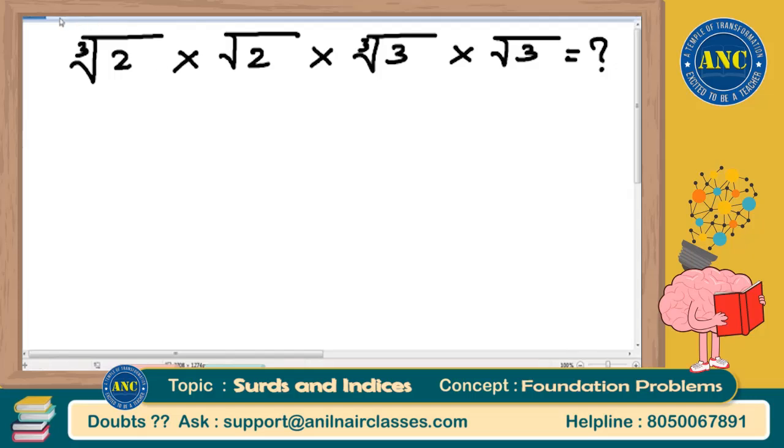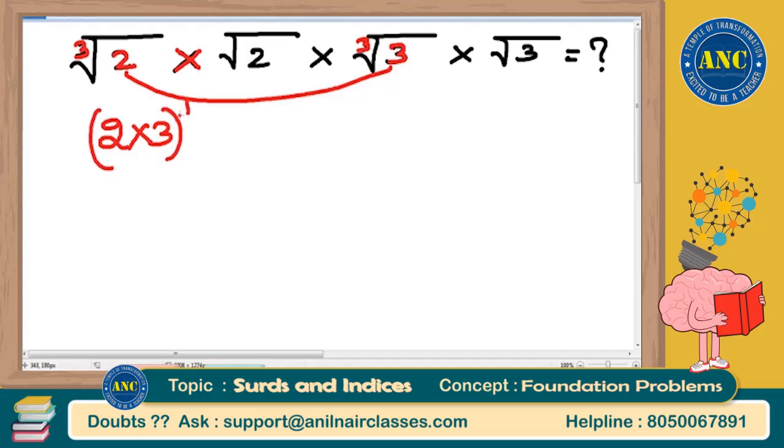Now, cube root is there for the first term, and cube root is also there for the third term. So what I will do is, powers are same, multiply the bases. That means I will write it as 2 into 3, and I will put a common power of 1 by 3, or it is cube root.